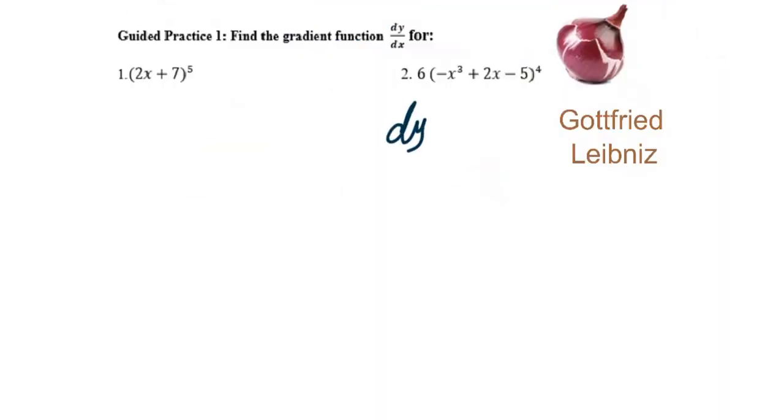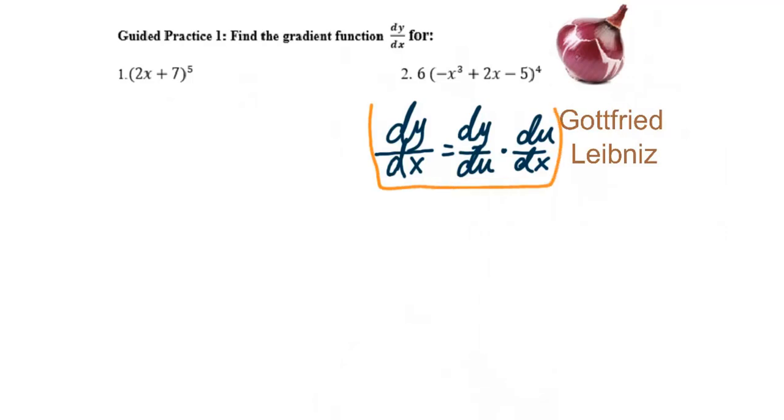Then dy by dx equals dy by du times du by dx. We call this the chain rule of derivative.